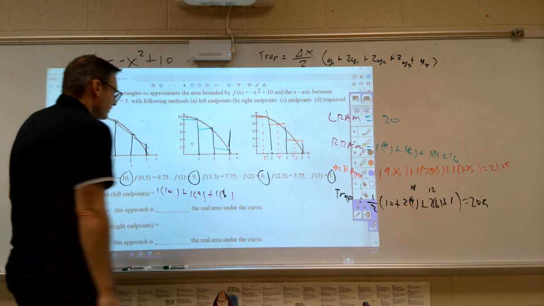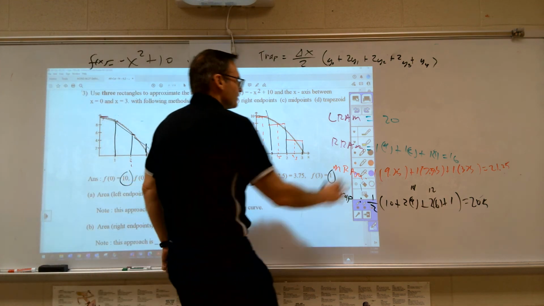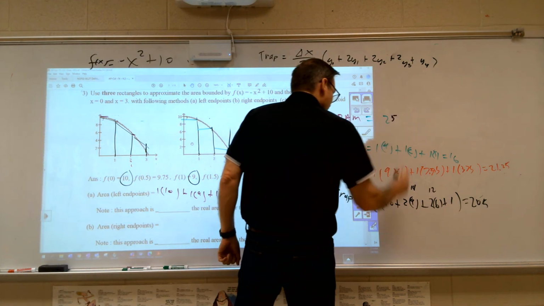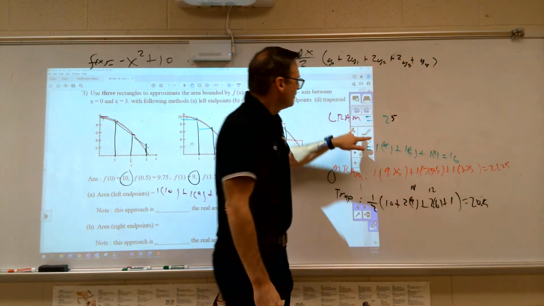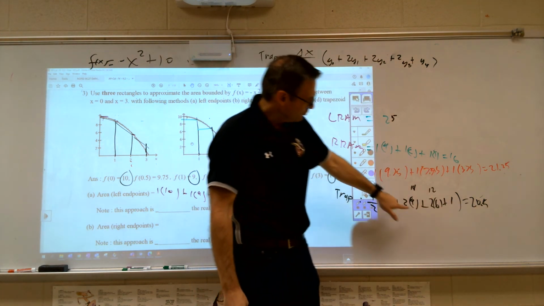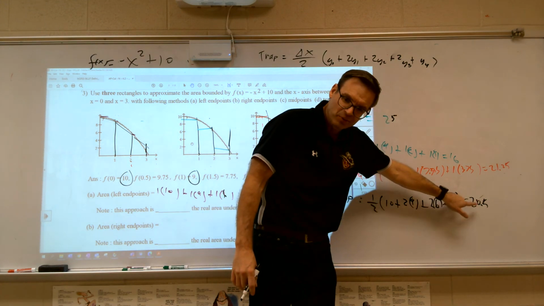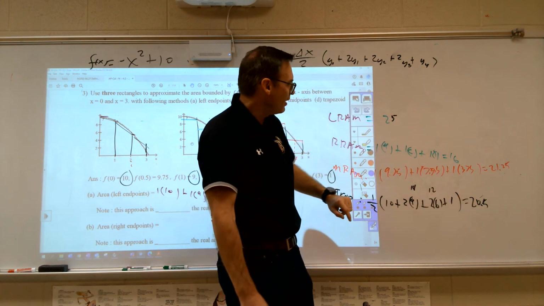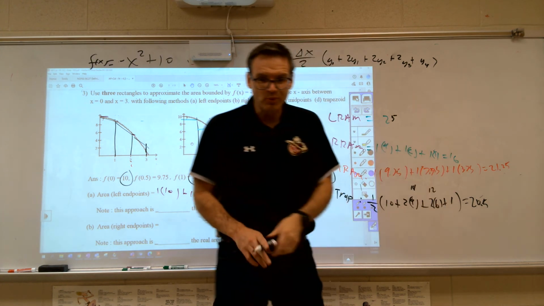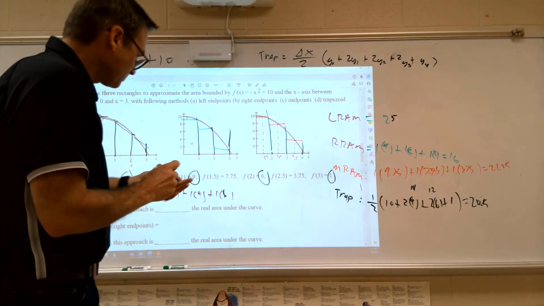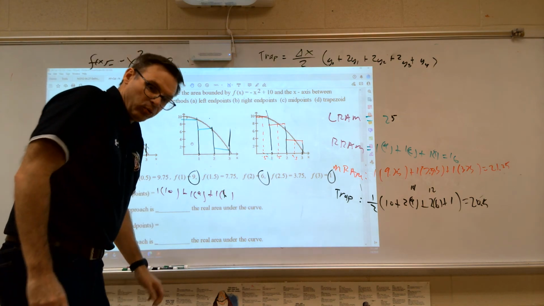That's a 6. That should have been a 25. And so I found the approximate area of the trapezoids, I get 20.5. And shocker, if I average LRAM and RRAM, I get 20.5. Whew.